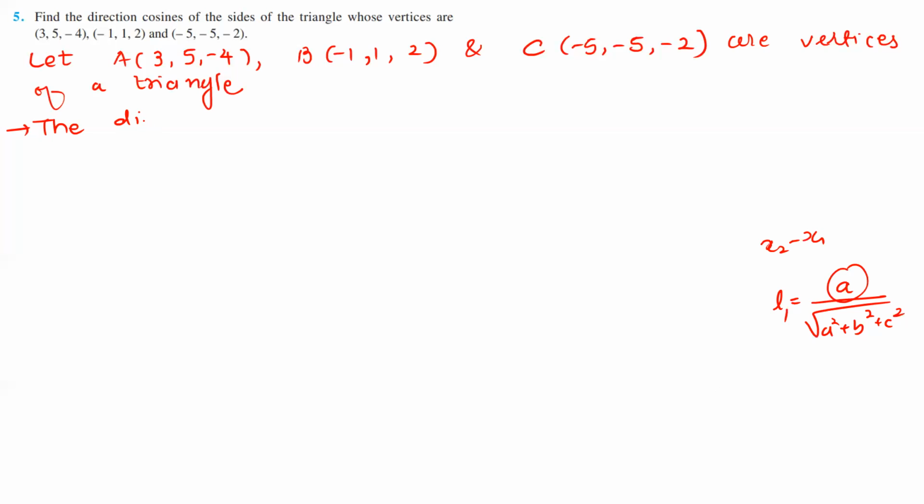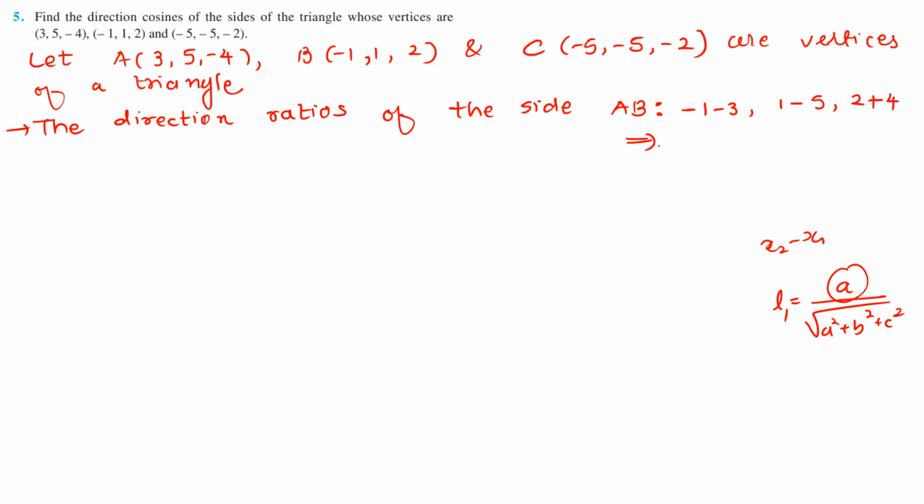Let's start, it will be long. The direction ratios of the side AB: coordinates of B minus A. So it's -1 minus 3, 1 minus 5, 2 minus minus 4, which is plus 4 or 6. So -4, -4, 6.